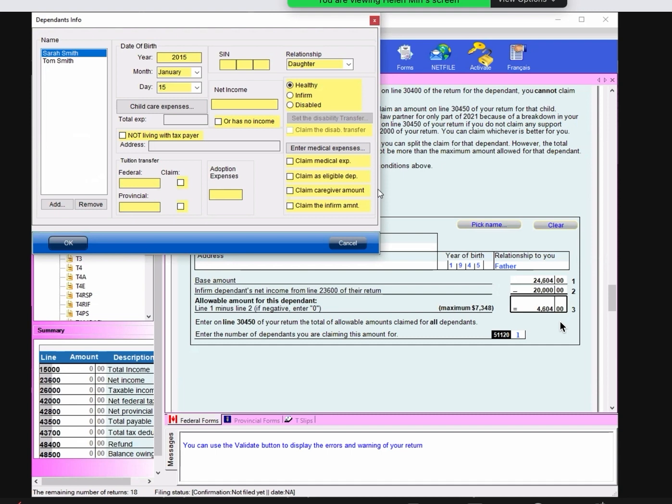Even if it's Cindy's father, if Cindy's income is very low, say Cindy is a student with a net income of 20,000, she probably won't need that 4,600 credit, or she loses it. So in this case, you put it on Tom.